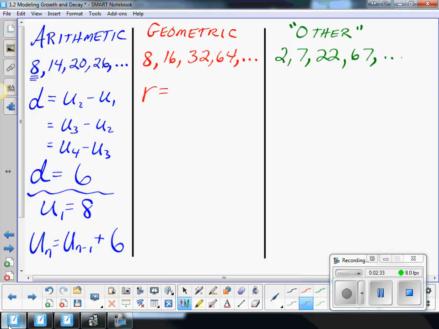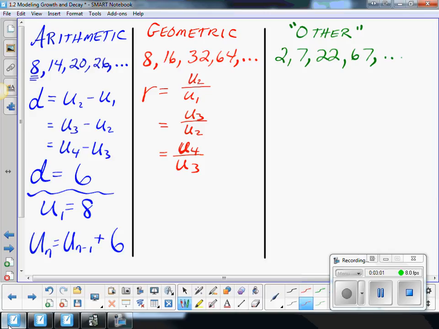And this time, instead of it being U2 minus U1, you're going to check to see what U2 divided by U1 is. Then you're going to check to see if U3 divided by U2 is the same. Then you check to see if U4 divided by U3 is the same as well. And if they are, you probably have a geometric sequence with that number as your common ratio.